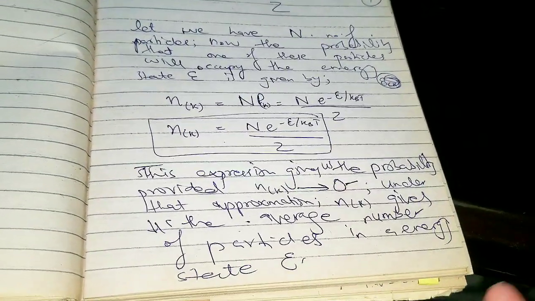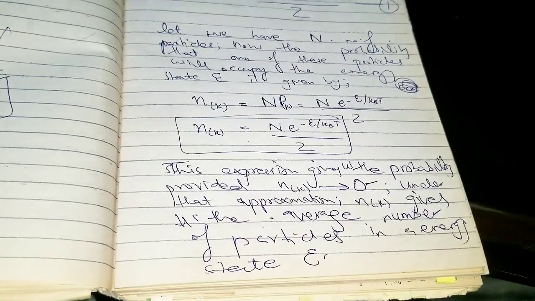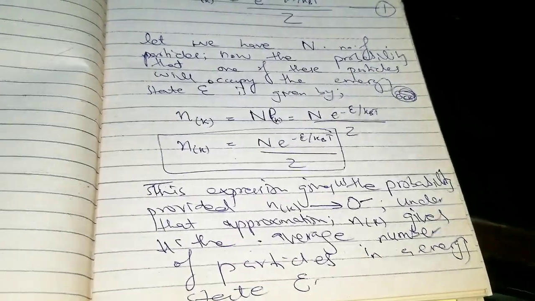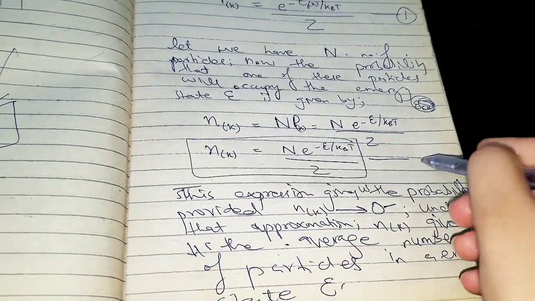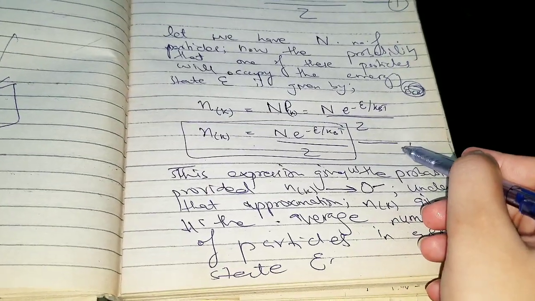This is another way to say it. These two expressions become equal to each other under that approximation. So this gives us the average number of particles in an energy state E.